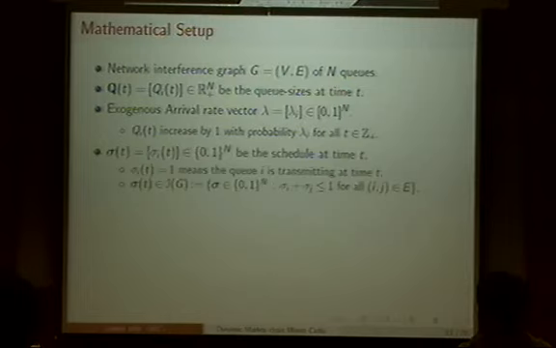For the departure of queues, sigma t is a 0-1 vector of n entries, indicating the departure of each queue. If sigma i t is equal to 1, it means that Qi is transmitting at time t. If it is 0, it means that it doesn't transmit at time t. From this interference condition, the vector sigma t is always in the independent set.